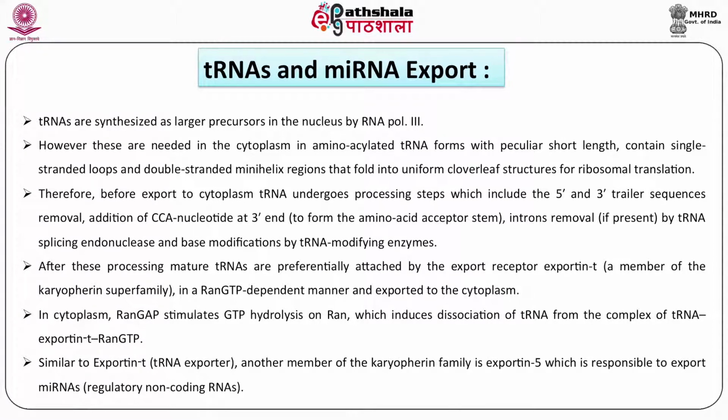tRNAs are synthesized as a larger precursor in the nucleus by RNA polymerase III. However, these are needed in the cytoplasm in aminoacylated tRNA form with a peculiar short length containing single-stranded loops and double-stranded mini helix regions that fold in a uniform clover leaf structure for ribosomal translation.